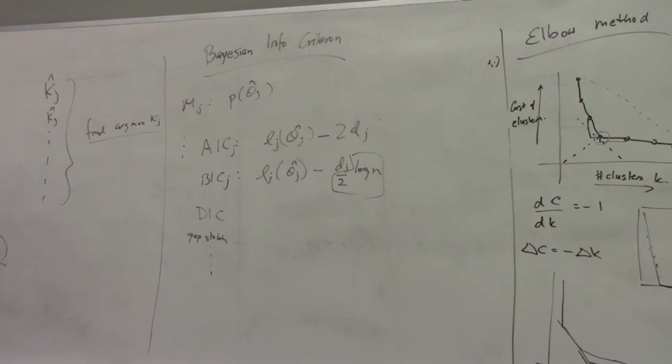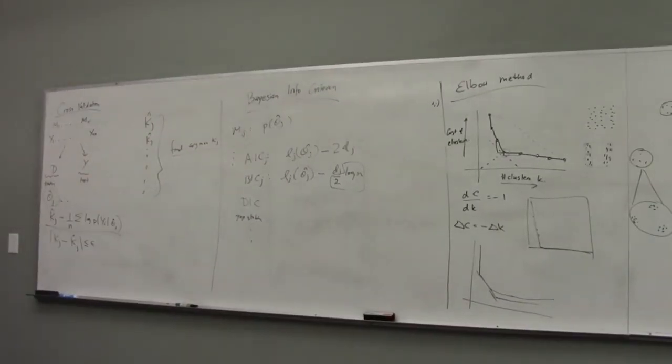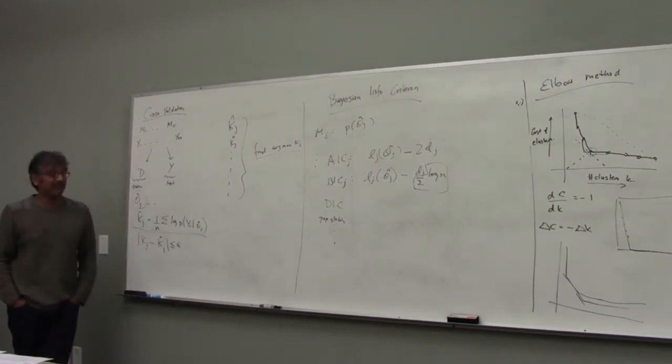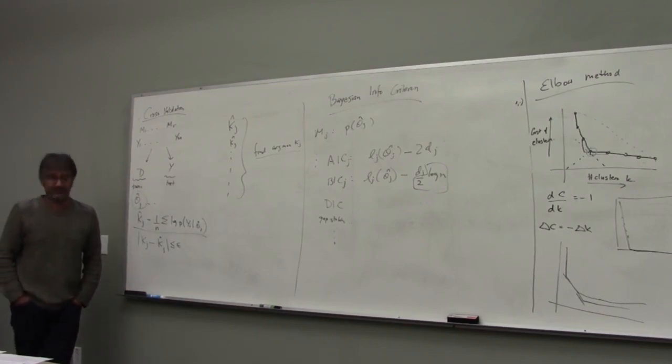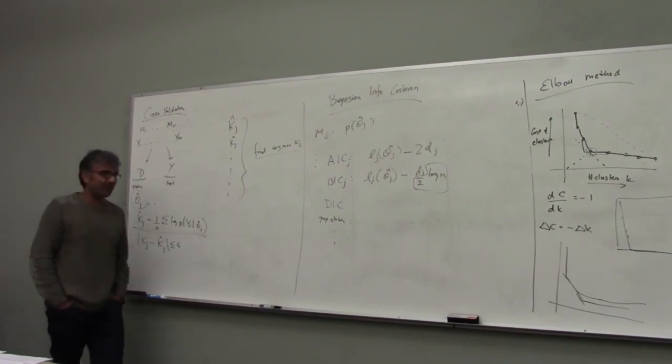So again, these are things that are useful to keep in mind, if the goal of this class is to help you learn how to play with data and do clustering with it, and understand the pros and cons of the different clustering algorithms you use. In some sense, this lecture is really about how to navigate the space of K and what are some principled ways of trying to figure out the right value of K. The elbow method, of course, is not what I'd call a principled method, it's an ad hoc method.